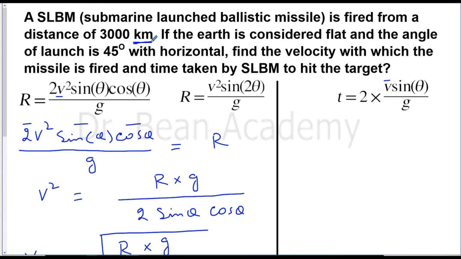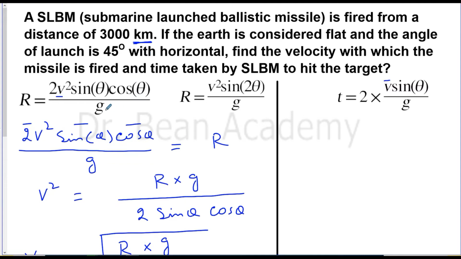So always keep an eye on the units given in the question, and if there is any unit with a prefix or a subunit like millimeters, centimeters, change it to the standard base unit of that quantity, because this quantity is displacement or distance and the SI base unit for displacement is meter. So we need to change this into meter. Then our equation will be consistent with the SI units.